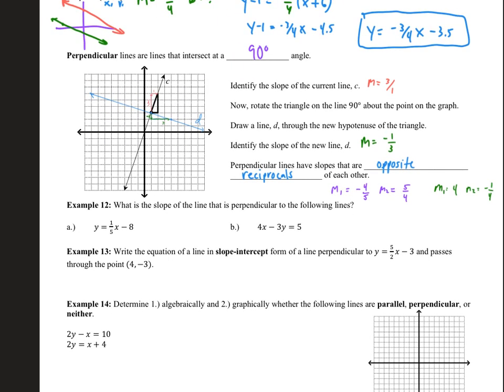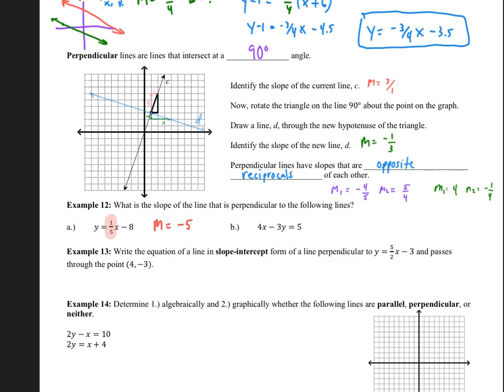So a pretty similar example to what we did earlier. What's the slope of a line that's perpendicular to the following lines? So I need to look at my slope. In this case, again, 1/5. So the slope that is perpendicular to that would be opposite, which is negative since that's positive. And the reciprocal of 1/5 is 5, or 5/1.